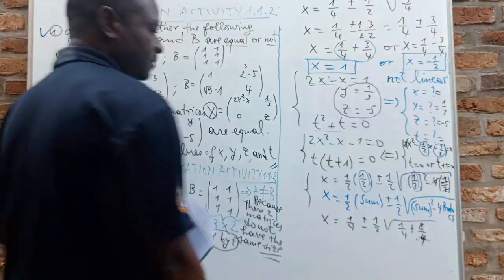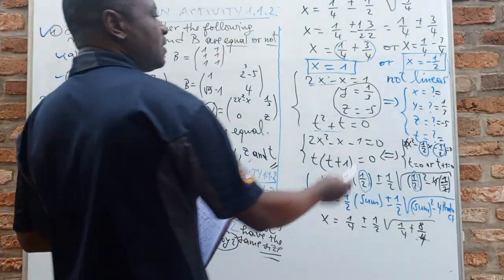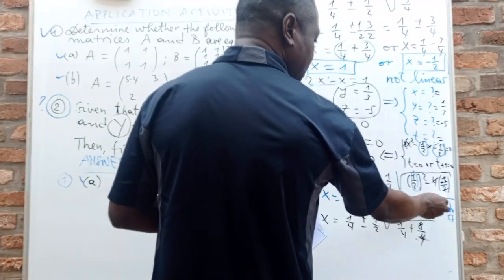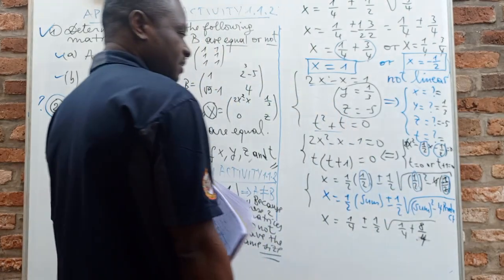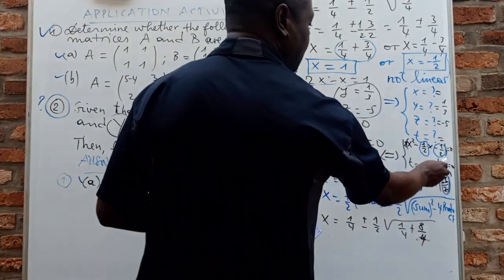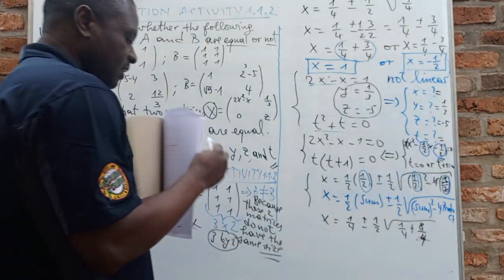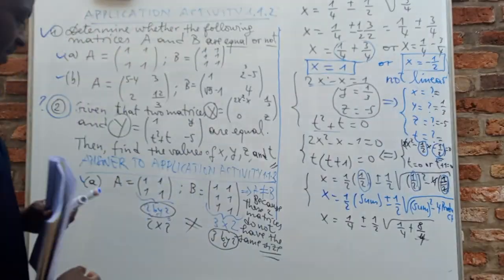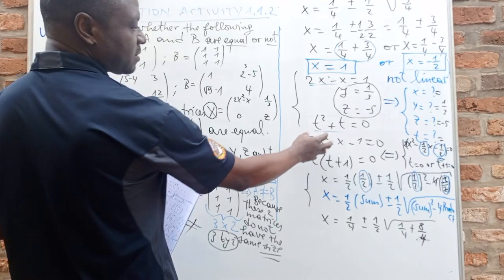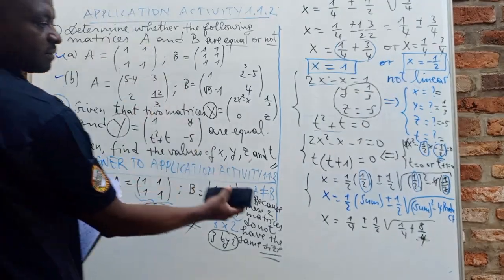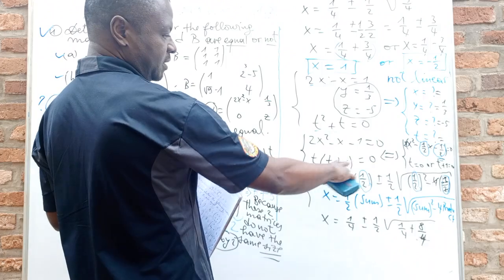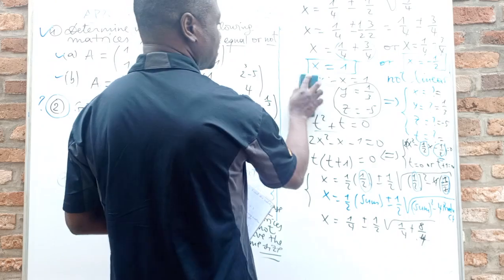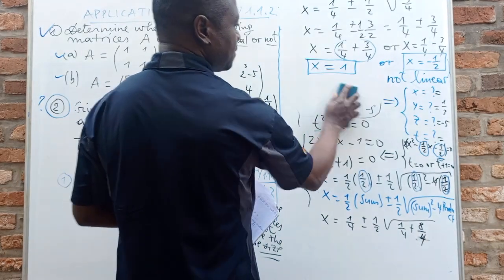The product, 1 times negative a half, is negative a half, as indicated here. So finally we have two values of x. Now how about the values of t? It is clear that t is equal either to 0 or to negative 1. And let us continue over here.